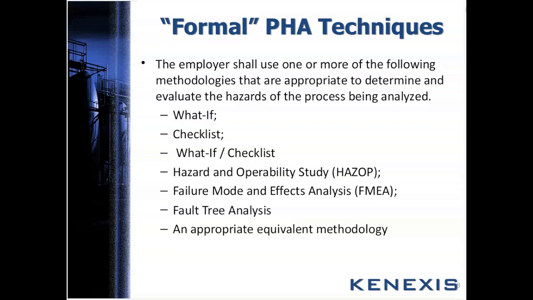But the size and complexity of the process influences the decision as to the appropriate methodology to use. All the PHA methodologies are subject to certain limitations. For example, the checklist methodology works very well when the process is stable, no changes, but it's not as effective when the process has undergone an extensive change. So you'd miss the most recent changes and they wouldn't be evaluated.